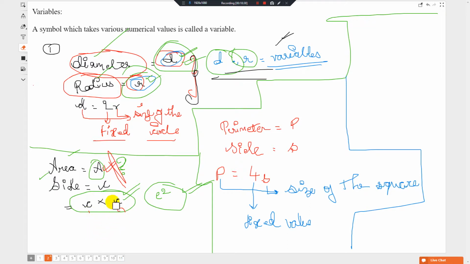They also don't have fixed values. They depend on the size of the square. Here also, which are the variables? Yes, A and c are variables.